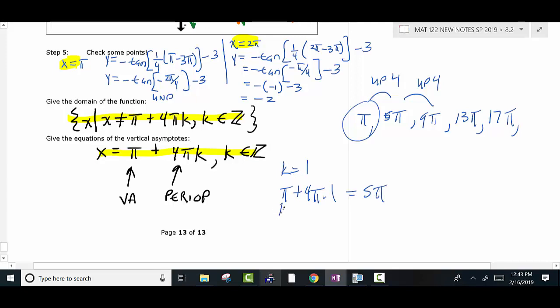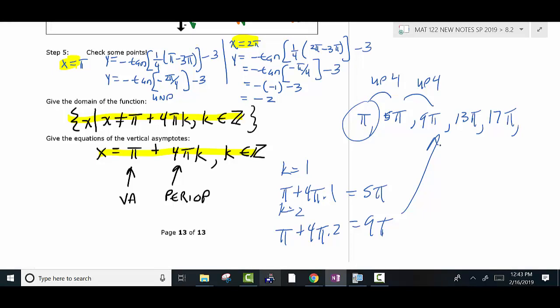If k is equal to 2, you get pi plus 4 pi times 2, which is 9 pi. So see, it's matching those things. You can check the formula that you get and see if it's working out. And then the domain is the same thing. You just say x is not equal to pi plus 4 pi k, where k is an integer.